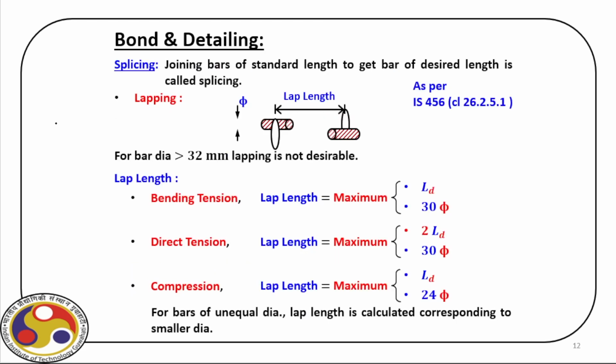Now, there is another issue. Say we have a beam which is simply supported. Obviously, the bending moment diagram for this beam for UDL is something like this, right? Which is maximum at the middle.